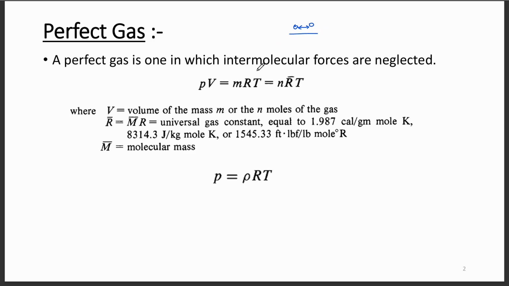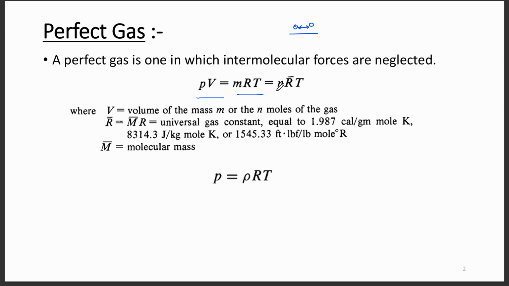So if the gas is perfect, then we can write one equation, which is given by PV equal to mRT, where P is pressure, V is volume, m is the mass, R is the specific gas constant, and T is the temperature.